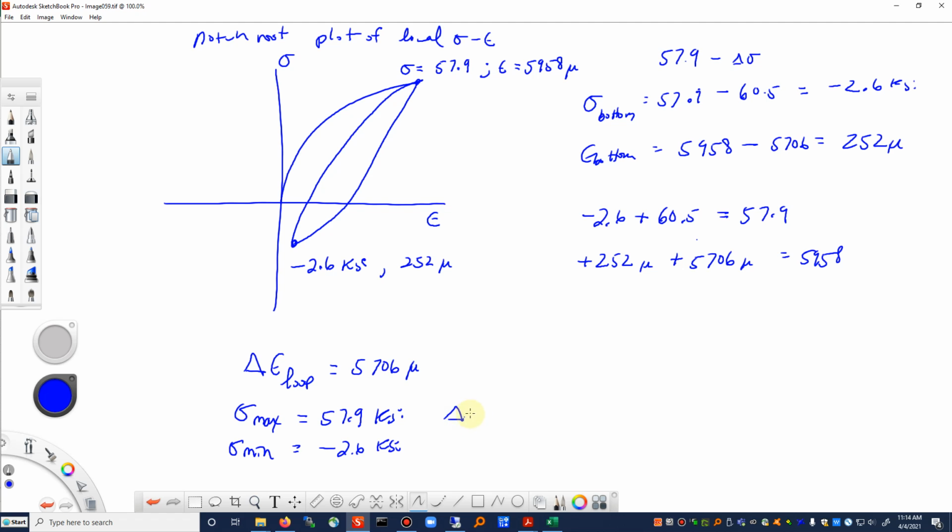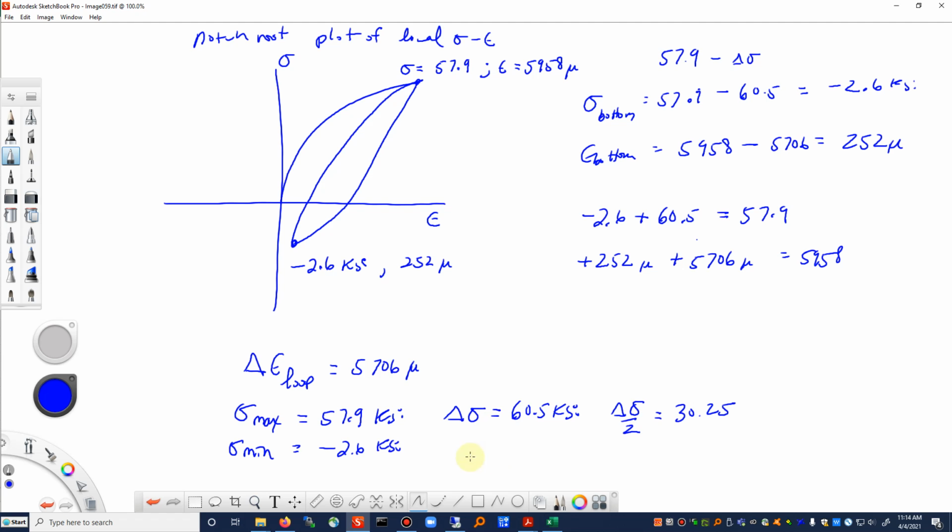My stress range is 60.5. My stress amplitude is 30.25.